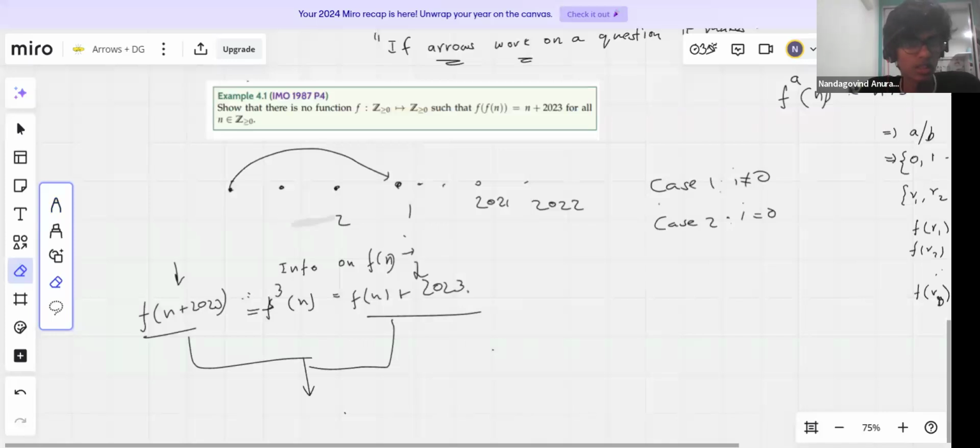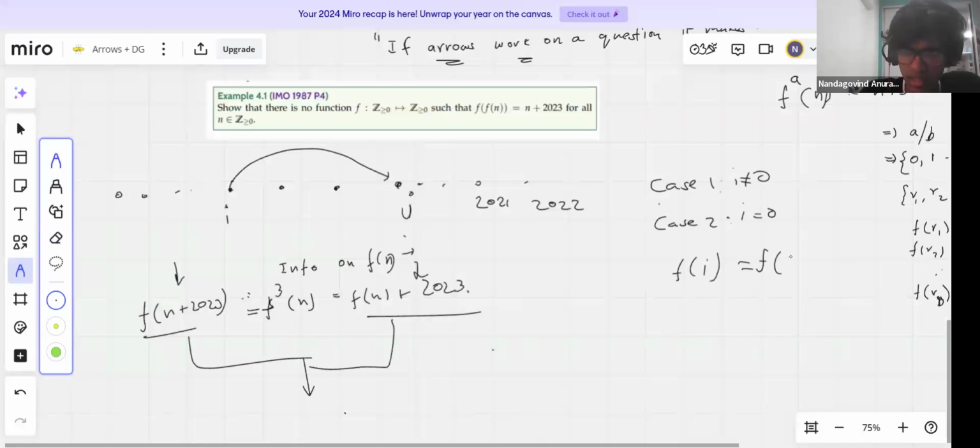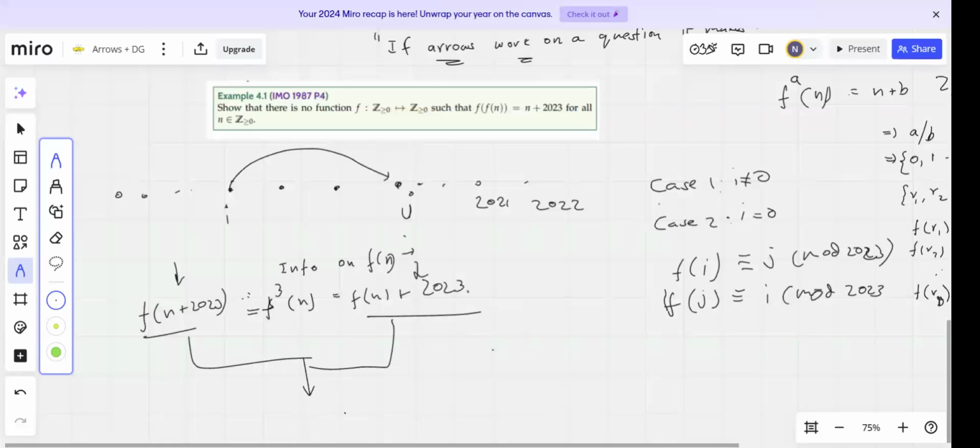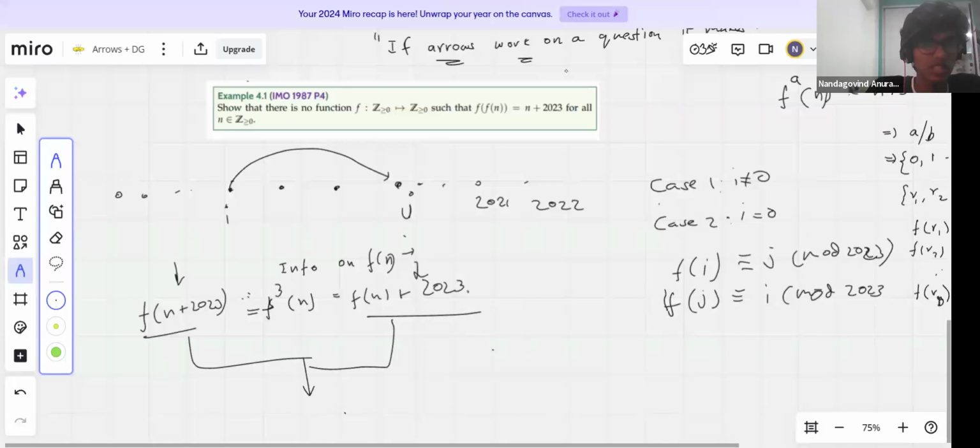Now if I have vertices I and j, and say that f of I is equal to j mod 2023, then f of j is equal to I mod 2023. Yeah, okay, I see. So this is your cycles.